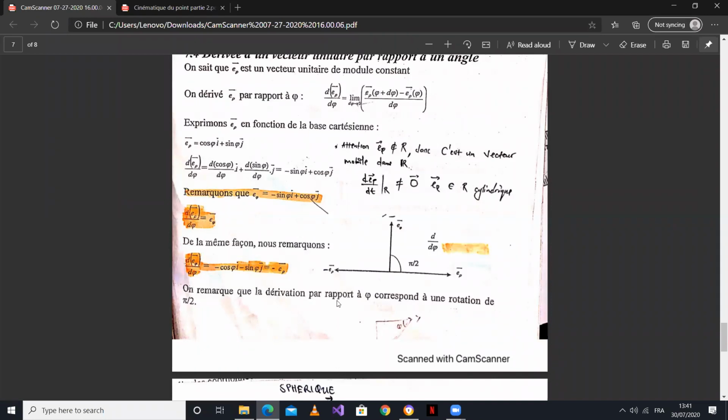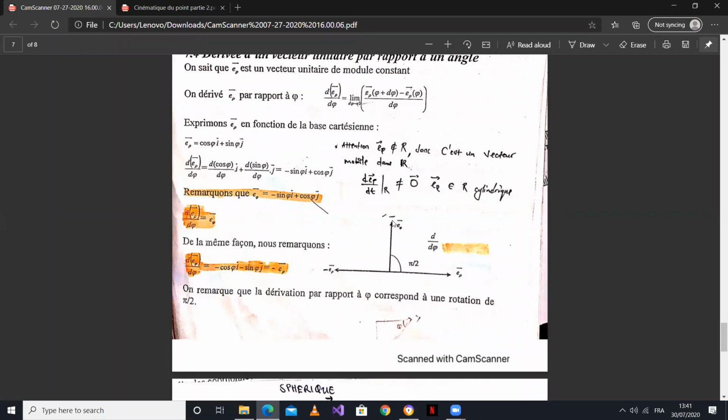And just like that, whenever you derive this unit vector with respect to phi, it's like you have moved 90 degrees. And when you move 90 degrees, you find yourself at e_phi, because e_r and e_phi are orthogonal. Emphasis, they are orthogonal. That means they are at 90 degrees to each other. So the derivative of e_r is going to give you e_phi.